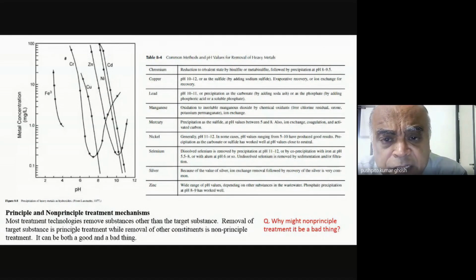Now, this is another very important thing to mention. There is a concept which is known as principal treatment, and there is another which is known as non-principal treatment. Now, what principal treatment means is that, say somebody has told me that you have got chromium in your effluent and you better get rid of it. Chromium is a heavy metal, it's toxic, and you better get rid of it.